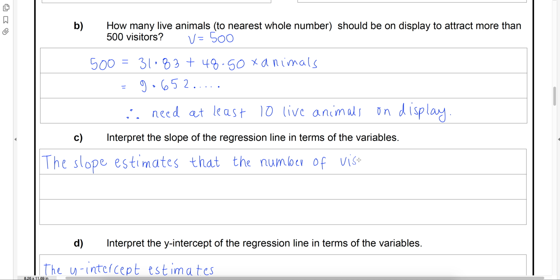now because it is a positive slope, I now say increase by whatever the slope is, so it's 48.5 for each additional, and remember we're talking about the EV here, live animal on display.